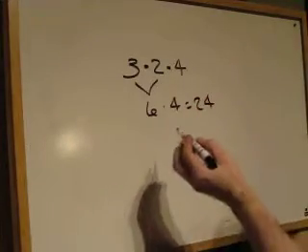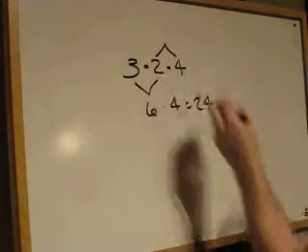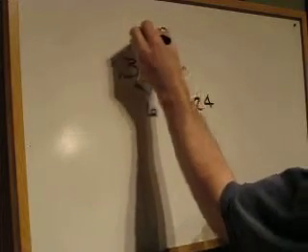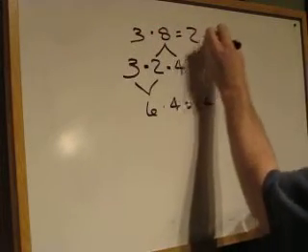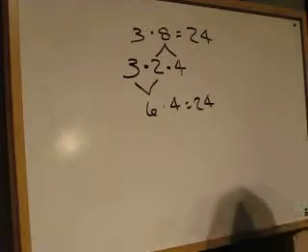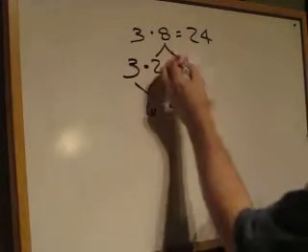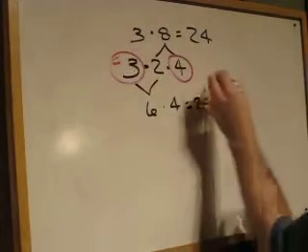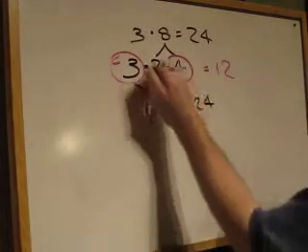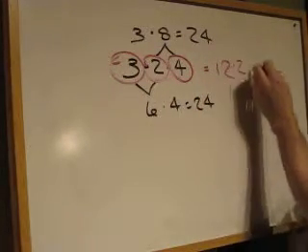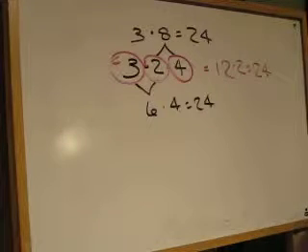We can also take 2 times 4 is 8, times 3 gives us 24. We can also multiply 4 times 3 first and get 12, and multiply that then by 2 and get 24.